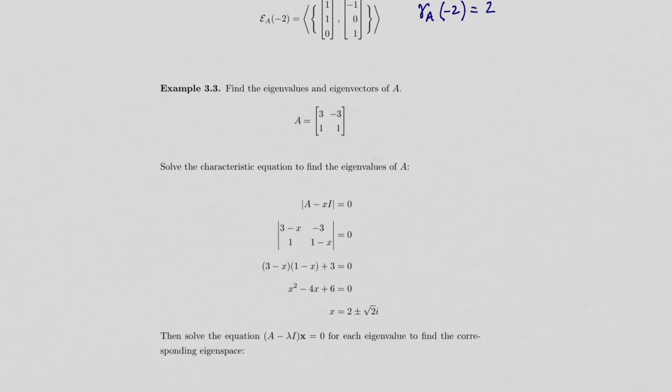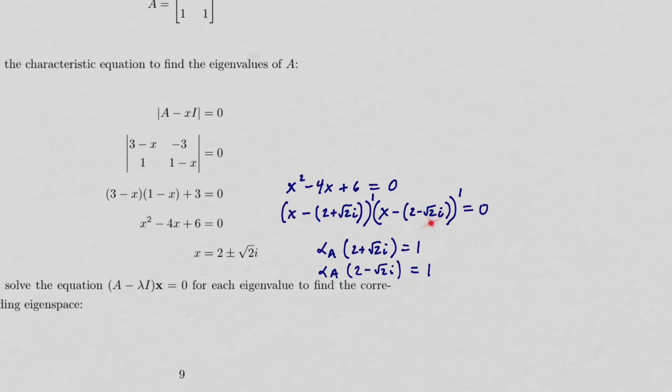Finally, in our last example, we got two eigenvalues that are complex, and we didn't factor. I said we couldn't factor this. What I really meant was we can't factor it over the reals. Of course, it does factor over the complex numbers, and if we write it in factored form, we can see the algebraic multiplicities. So here's the factored form of the characteristic polynomial, x minus this complex number raised to the 1 power times x minus this complex number raised to the 1 power.